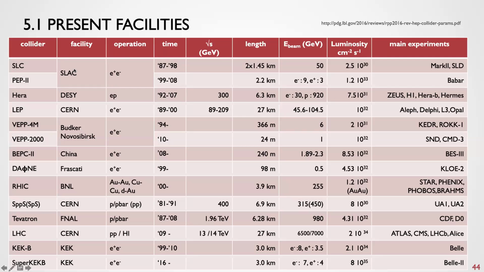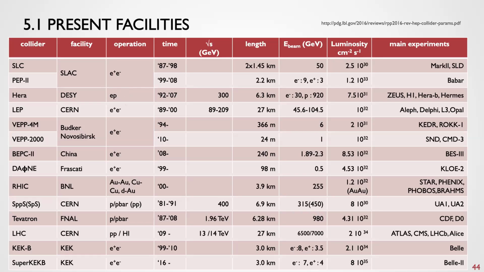SLC at SLAC in Stanford was a discovery machine. DESY, an electron-proton collider for deep inelastic scattering with the ZEUS and H1 experiments, was very important to measure the quark and gluon content of the proton.